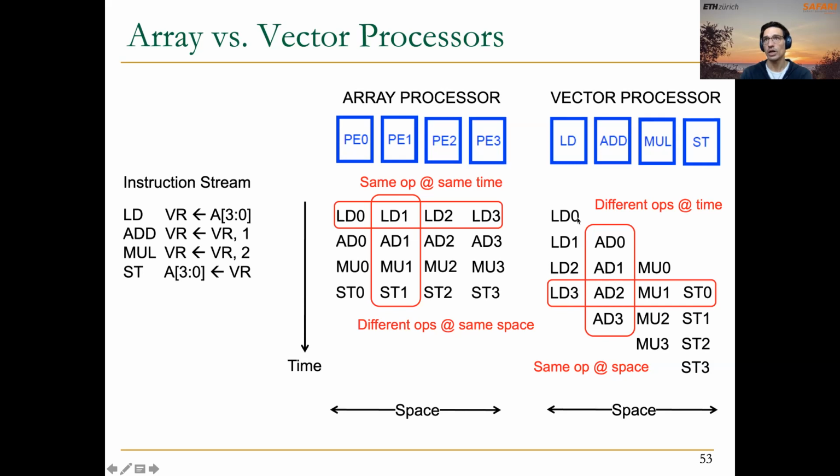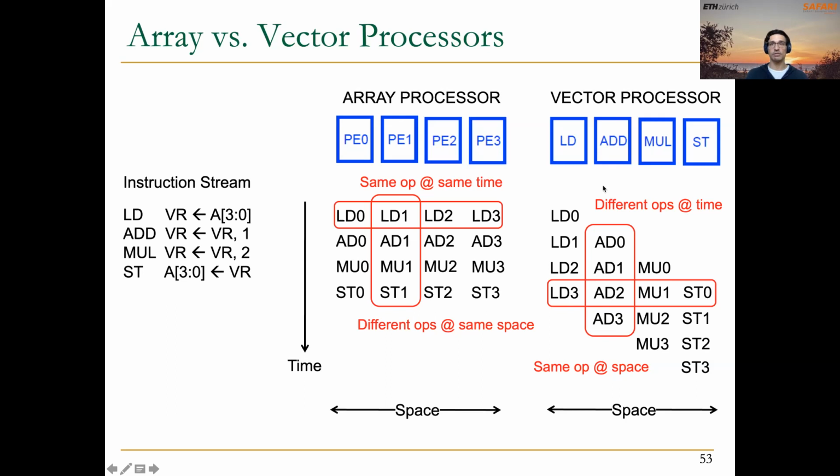And this way, we are creating a kind of pipeline of operations across the processing elements of the vector processor. As you can see, we have different operations at a time. In this particular cycle, we have a load, an add, a mul, and a store in the 4 different processing elements, different operations at the same time. And we have the same operation in the same space because these processing elements are specialized.